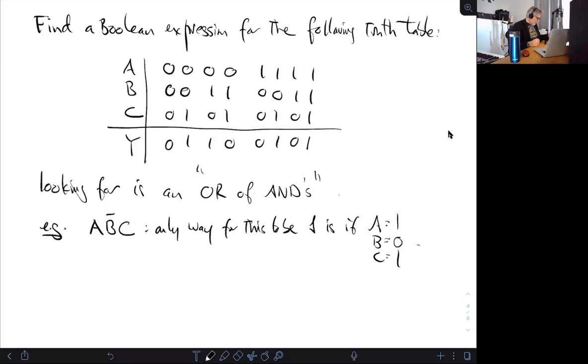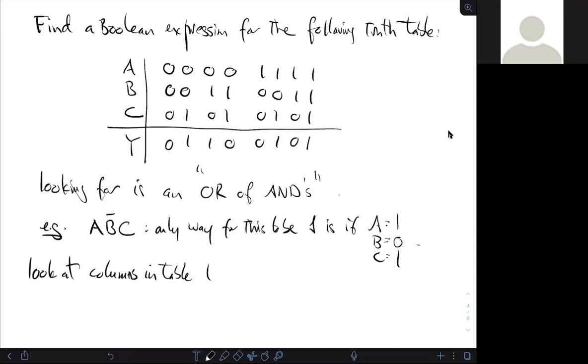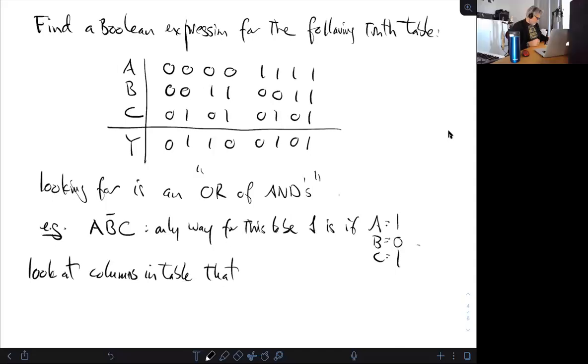So I'm going to look at columns in the table that output y equals to 1.